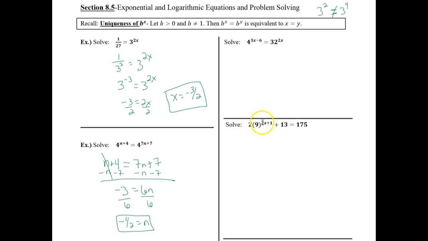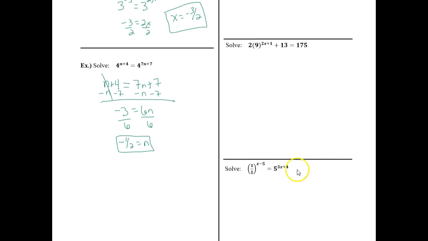So that means I have to isolate this term. You have to get rid of the 2, isolate it first, and then see if you can rewrite it with the same base. And the last one, we have seen problems like this with the fractions. Just remember, negative exponents take the reciprocal.